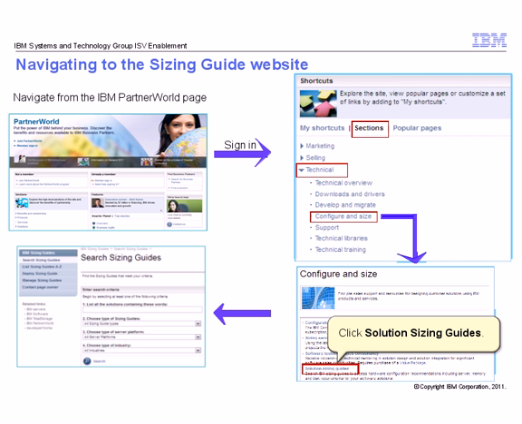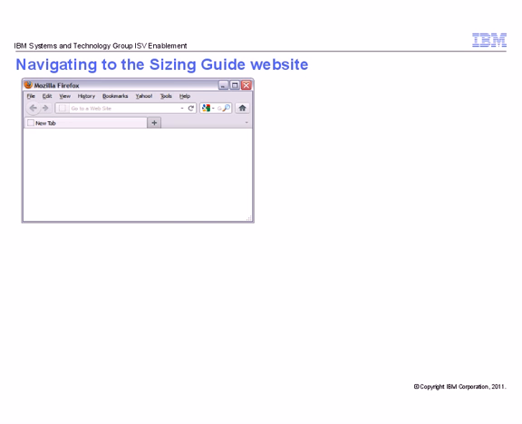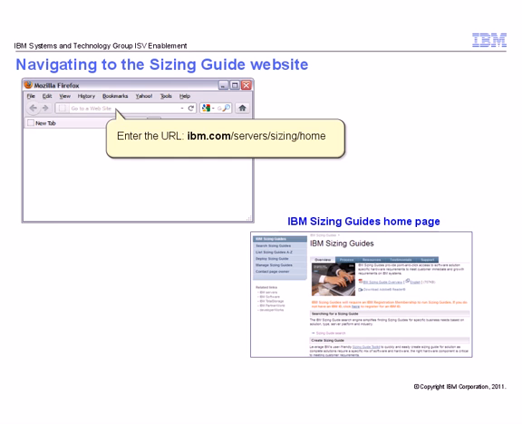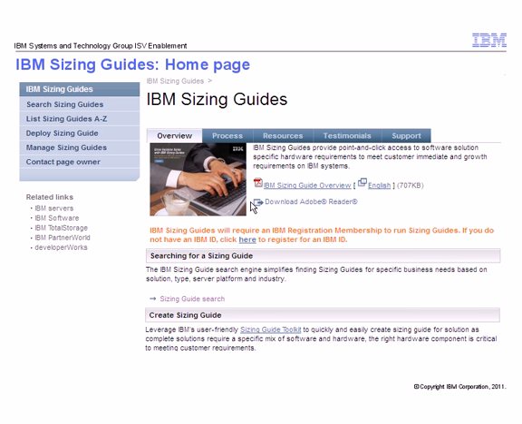Alternatively, enter the URL ibm.com/servers/sizing/home on your browser to display the IBM Sizing Guide home page. In the left pane of the Sizing Guide home page, you can find options to search for a sizing guide of your choice, view an alphabetical listing of all sizing guides, deploy your own customized sizing guide solution, and manage the deployed sizing guide.